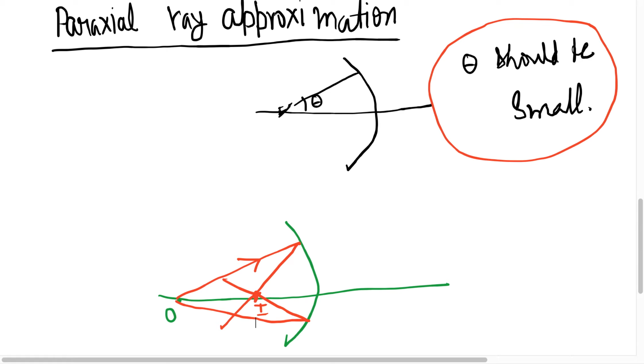If I don't have the paraxial ray approximation, then the rays don't intersect properly, and what I get is a blurred image.